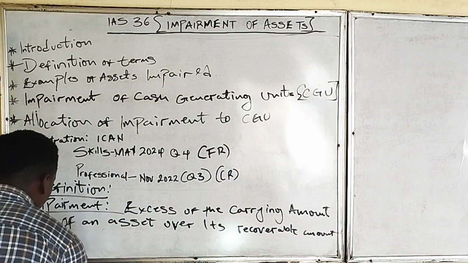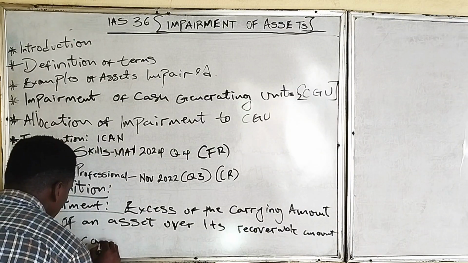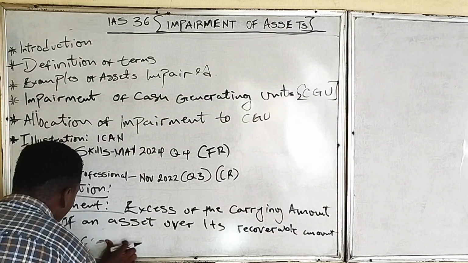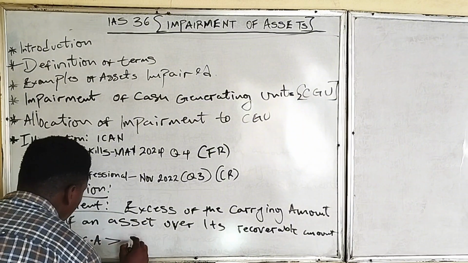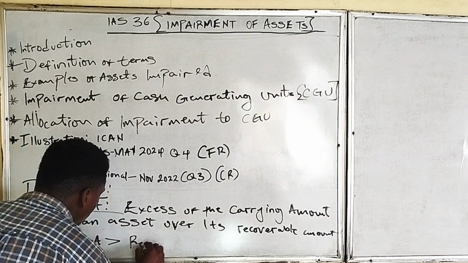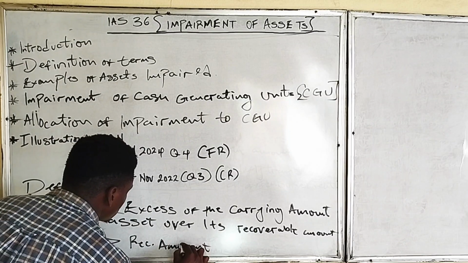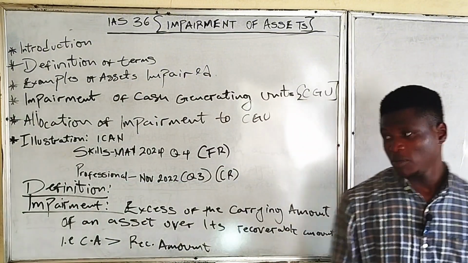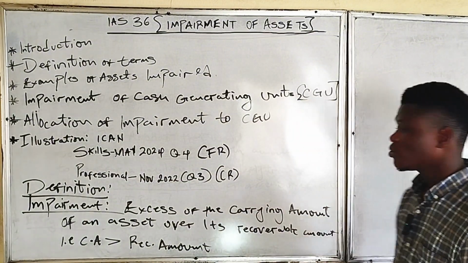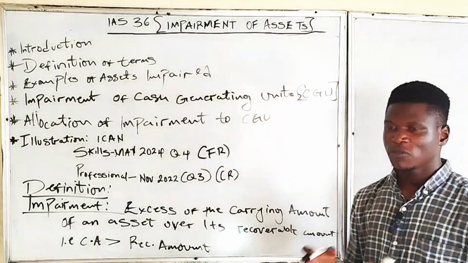That is, impairment arises where carrying amount, which is CA, exceeds recoverable amount. So impairment arises when the carrying amount of an asset exceeds the recoverable amount of the same asset.